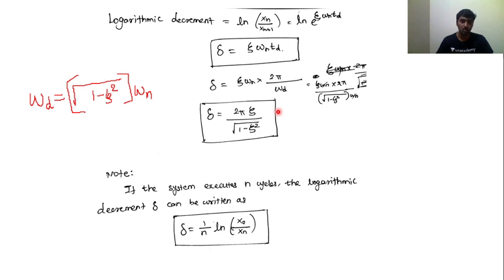Note, if the system executes n cycles, the logarithmic decrement delta can be written as delta is equal to 1 divided by n into ln of x naught divided by xn.